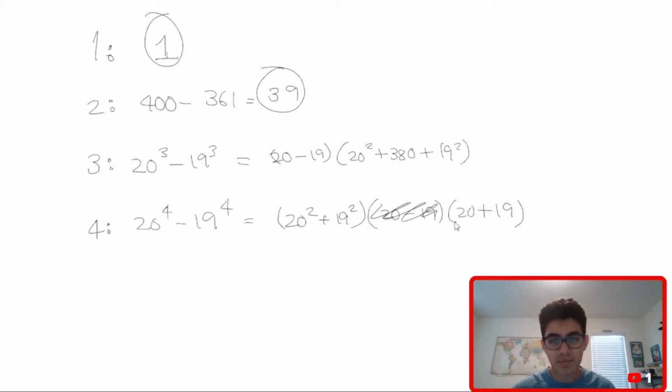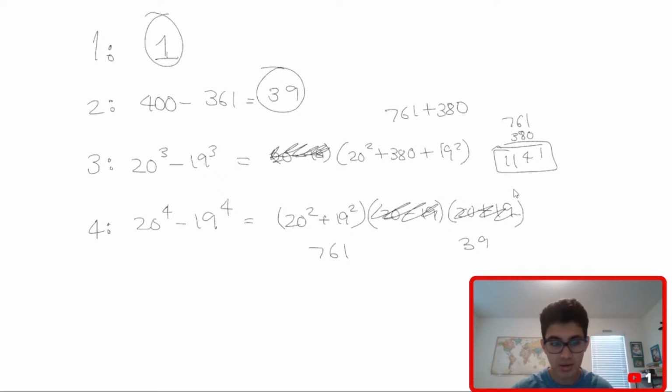This becomes 1. This becomes 39. What does this become? This becomes 400 plus 361, so that becomes 761. So that's already a lot, right? Meanwhile, over here, this is 1 again, so that cancels out. Here we have 400 plus 761 plus 380, which becomes 1141. Okay, let me just check that actually. I want to be sure that that's correct.